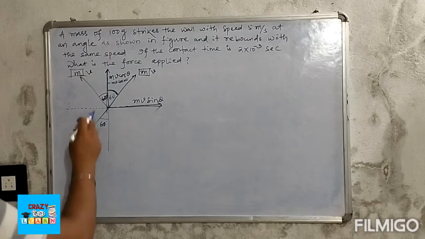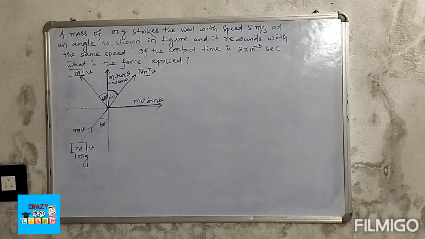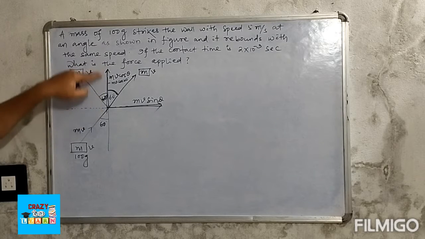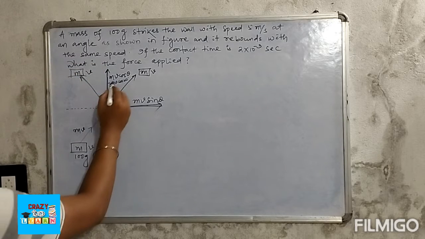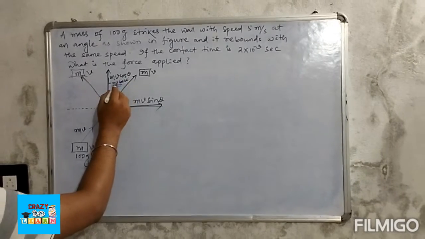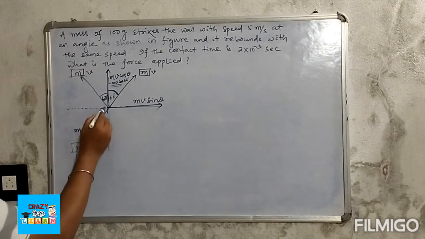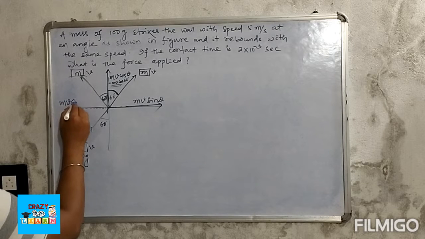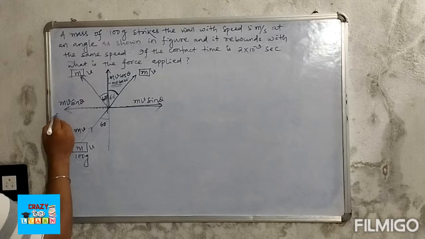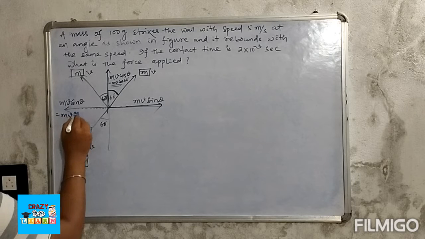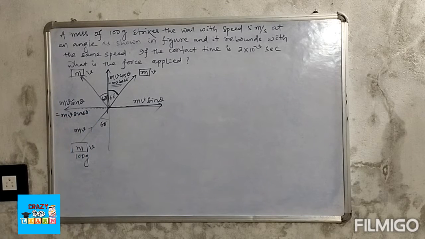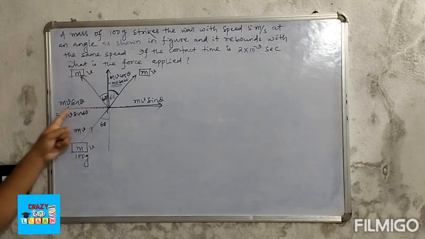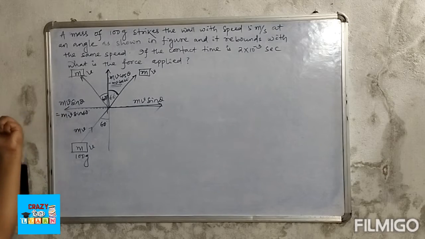If you resolve this vector into two components, as this vector makes angle 60 degree with this component, this component will be mv cos theta, that means mv cos 60, and this component is mv sin theta, which is mv sin 60. Clear? So one component we get is mv sin 60 along this direction.